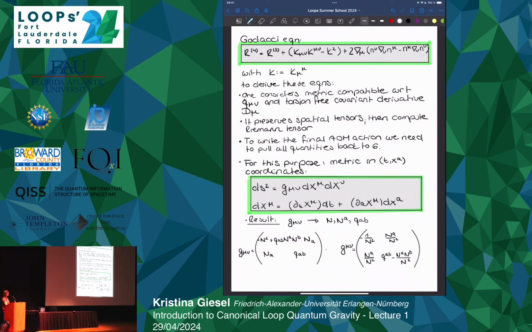If we do this by just considering the line element g_mu nu dx^mu dx^nu, and then use that dx^mu can be written in this form, so partial derivative of x^mu with respect to t dt plus the spatial derivative of x^mu dx^a, we can express our four-dimensional metric entirely in terms of the ADM variables, which are the three-metric, the shift vector, and the lapse function.